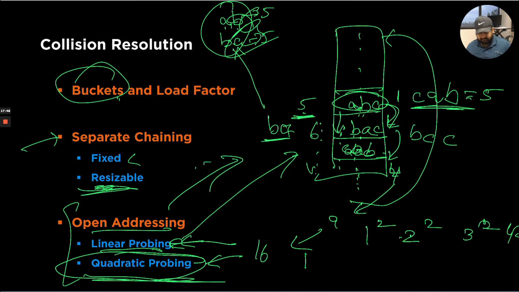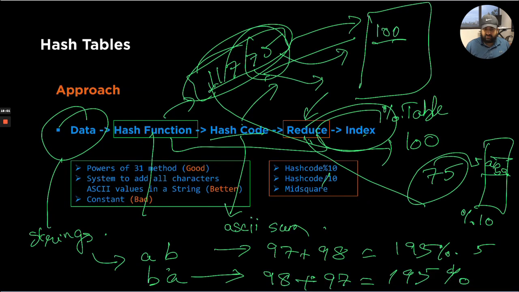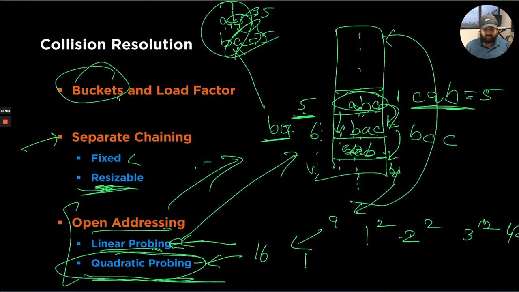It's your job as a programmer to handle all of those cases, and it applies to all the functions of the ADT, I mean the operationalization of the ADT. So that's pretty much it. Those were the collision resolution strategies. I would highly recommend you read the book and see some examples of these strategies.